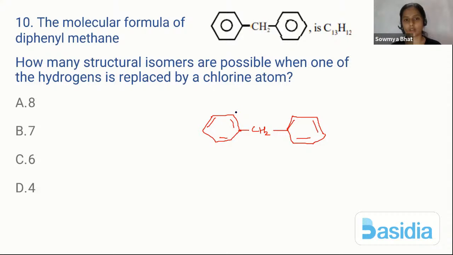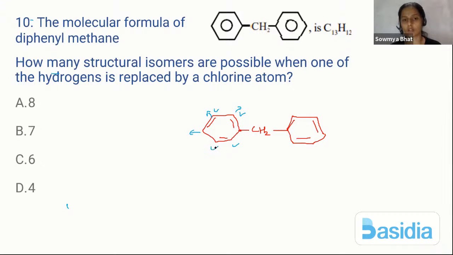So where are hydrogens? Here there is one hydrogen. Then here there is hydrogen in the second position. Then after that, here you have hydrogens, and here you have hydrogens.